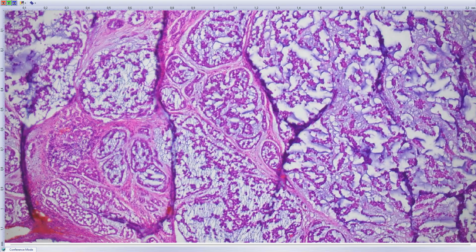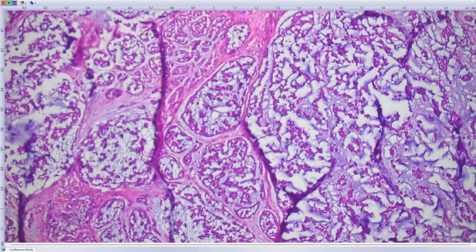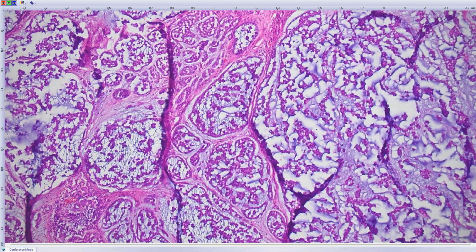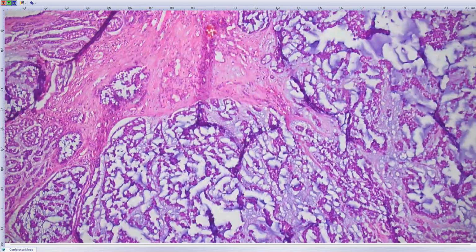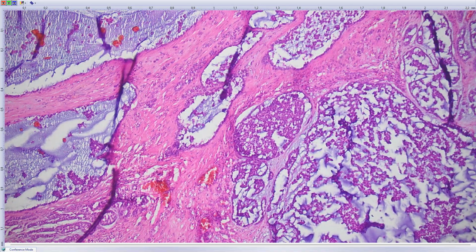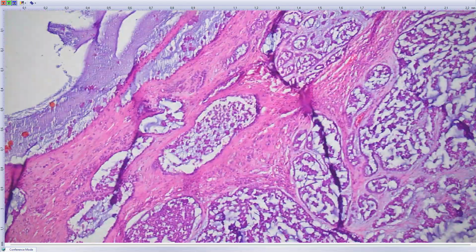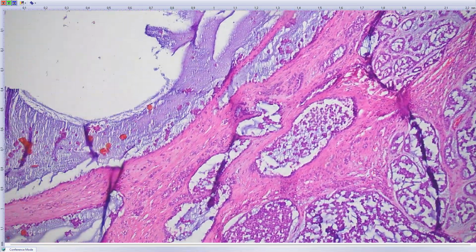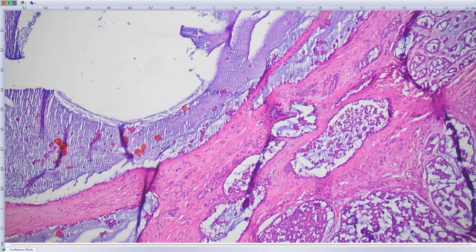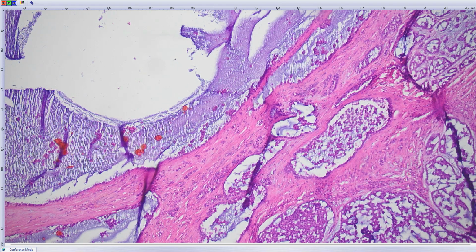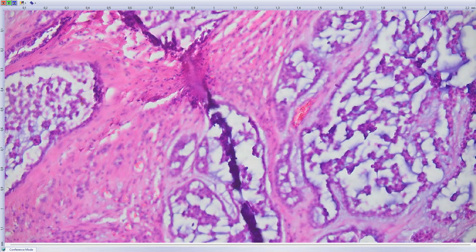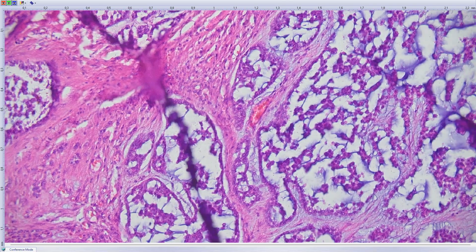The section is not extremely wonderful, but I believe you can see that the tumor is multilobulated, has a lot of myxoid stroma and some myxoid transformation and fibrostroma, septa which divide the tumor into the nodules. The cells, if we use high magnification, are of one type.